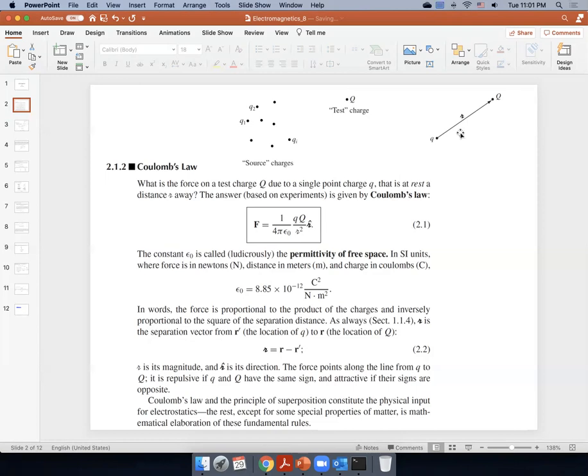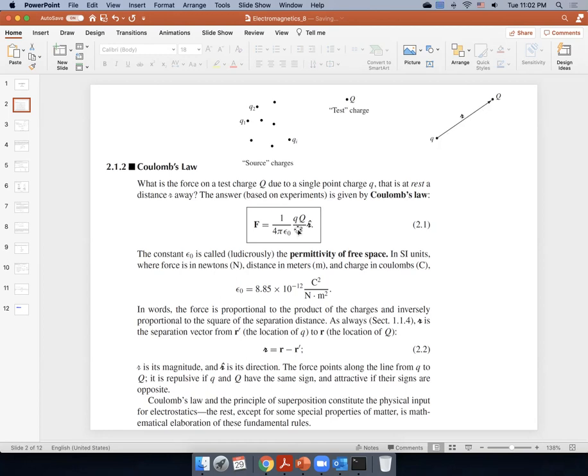The force will be repulsive. The same thing for two negative charges: it's also a repelling force. However, if the charges are one positive and one negative, then they attract each other, and the direction of the force will be opposite.